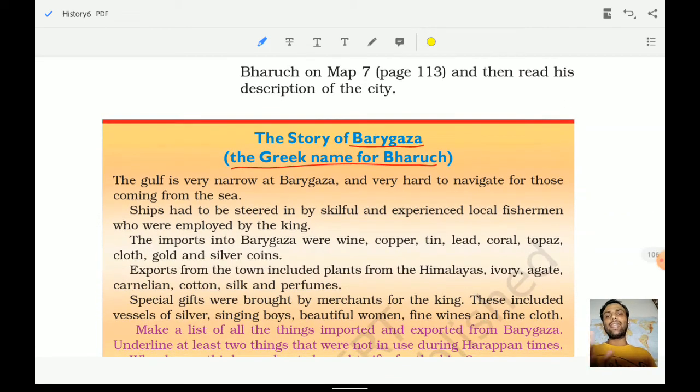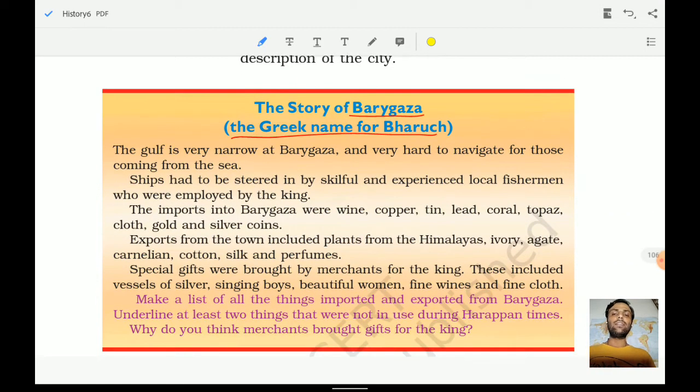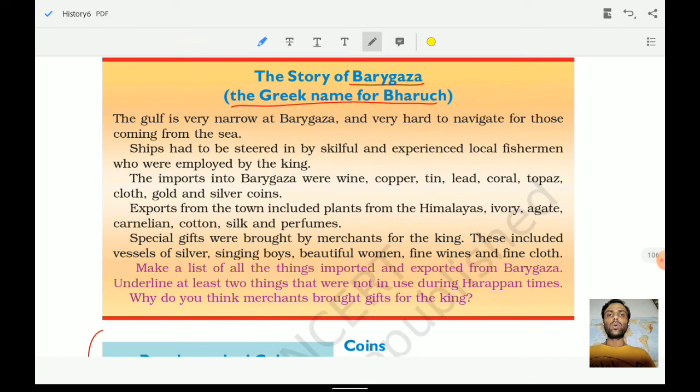Now it is telling us about the story of Barigaza, which is not an important story for us because no question can be asked from it. But we need to understand what the term Barigaza means. Earlier, in Greek, Bharuch used to be called Barigaza.